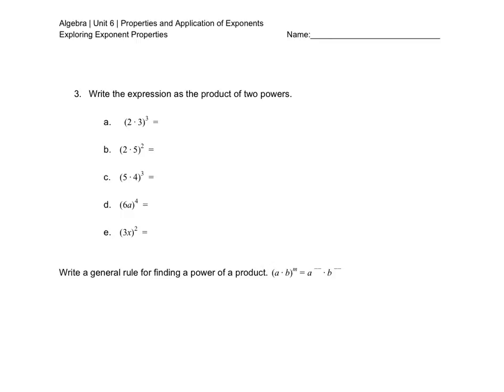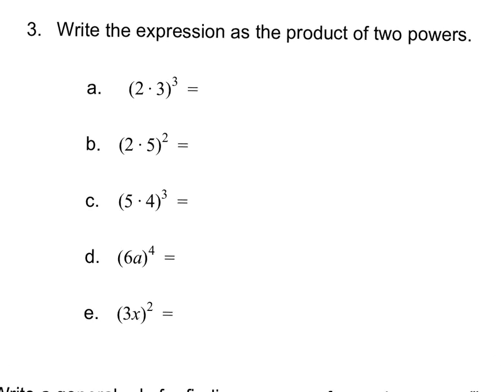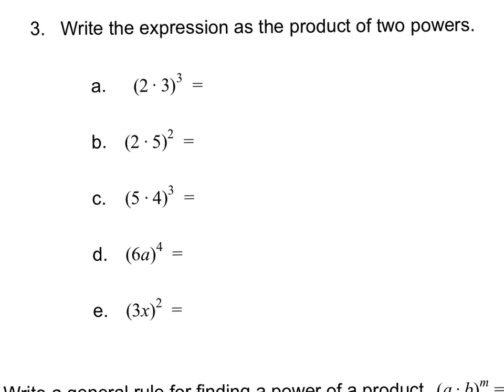All right, so our last rule here is power of a product property. So in order to find that rule, we're going to go ahead and answer 3 in order to write our rule. So 3 is telling us to write the expression as the product of 2 powers. And so what that means is we need to take our power, our exponent here, okay, and we need to apply it to both of these bases here.